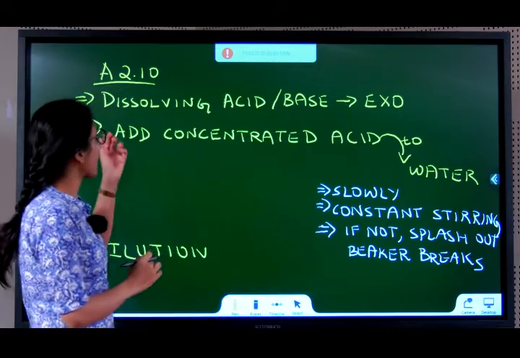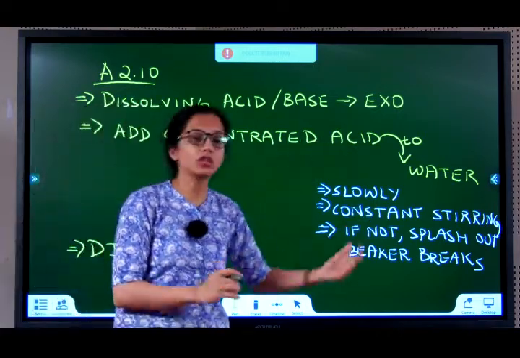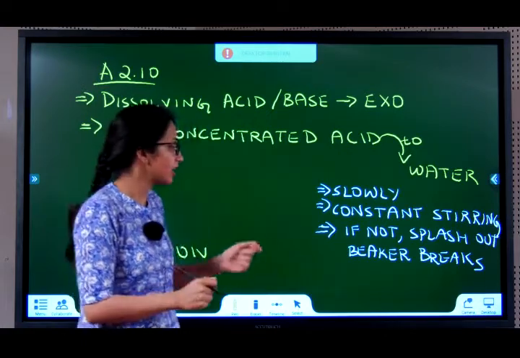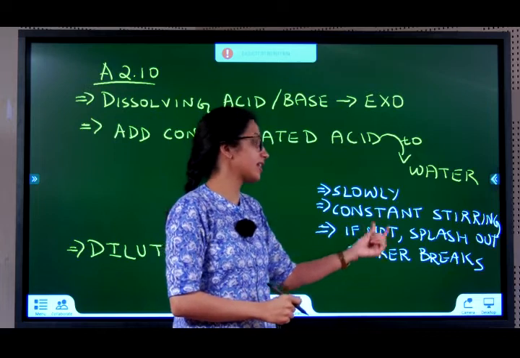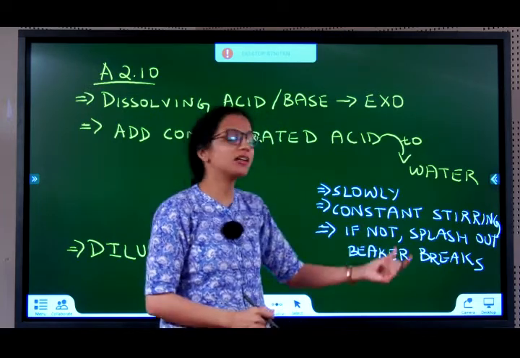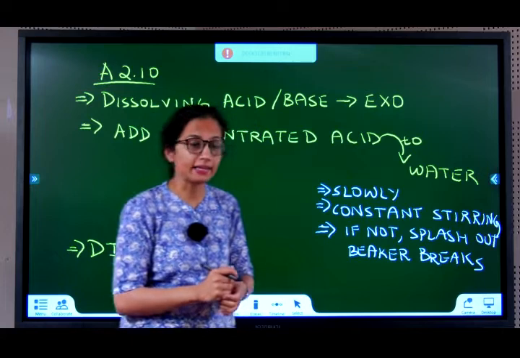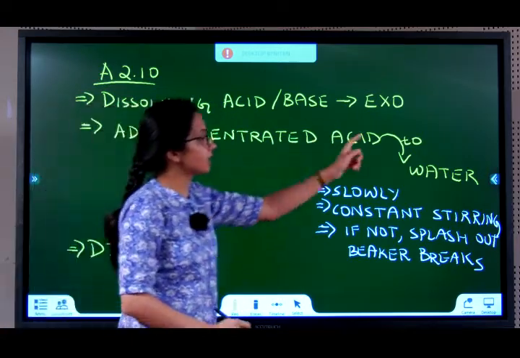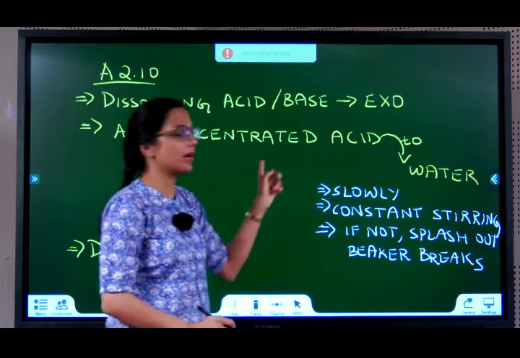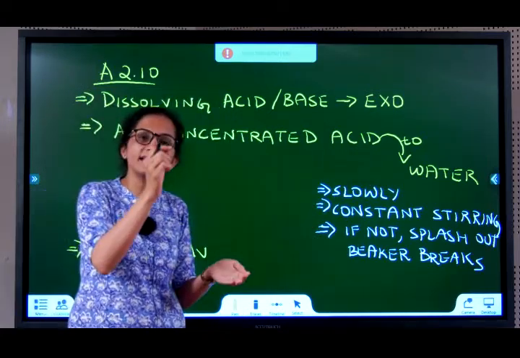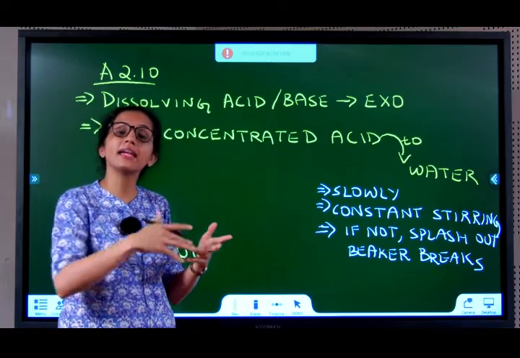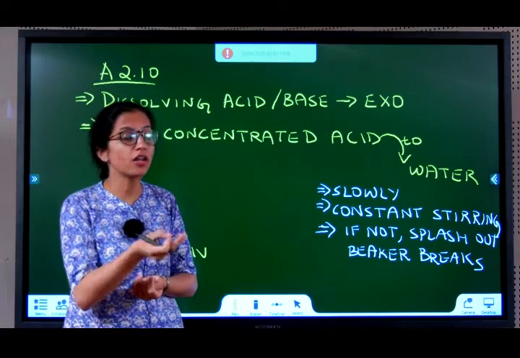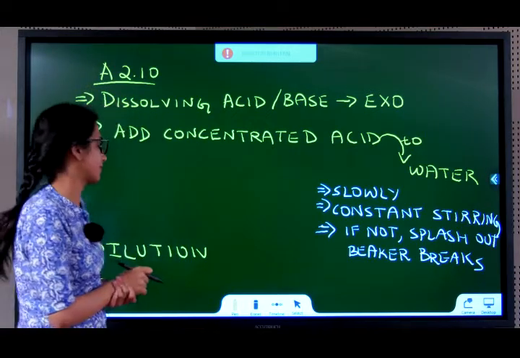Which is why adding concentrated acid to water should be done slowly with constant stirring. If you go against this, it may splash out and the beaker may break due to excess heat. That's why you add concentrated acid to water. Do we add water to acid? No. If you have so much acid and little water, it will react and there will again be too much heat produced. Therefore, acid is always added to water, not water to acid.